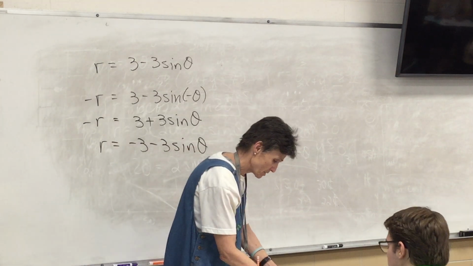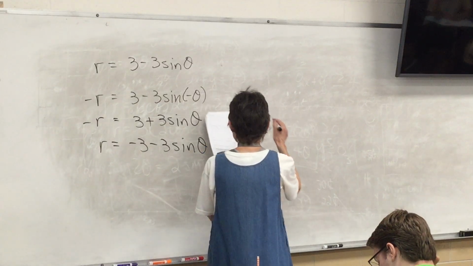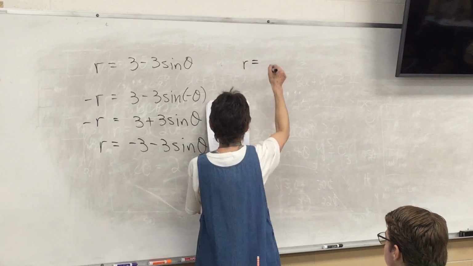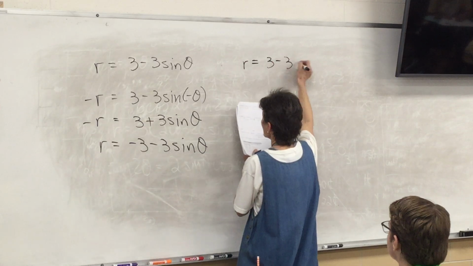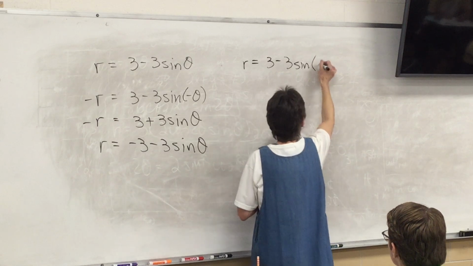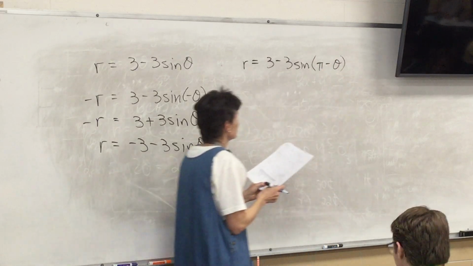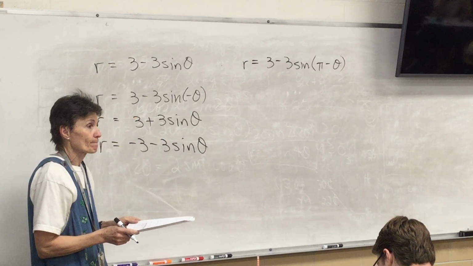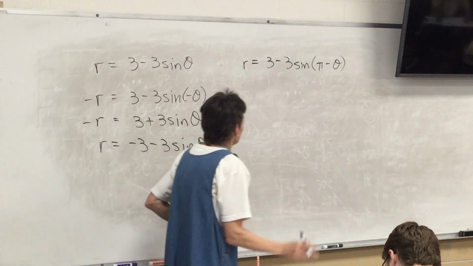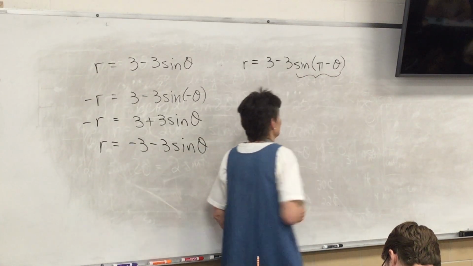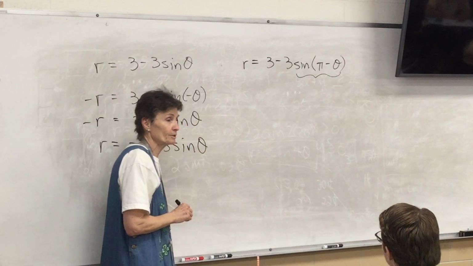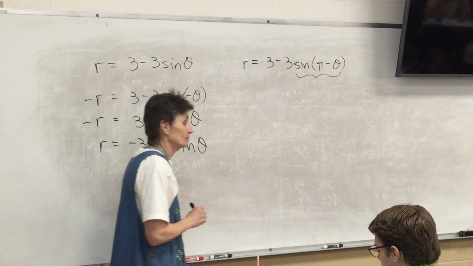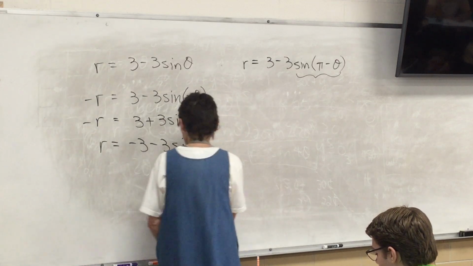Let's try the other test. It says, go back to the original equation, don't do anything to r, but change your theta to pi minus theta. Okay, what about this? Uh-oh, good thing we have our colored sheets out. Because what's that? I'm going to do it over here to the side.